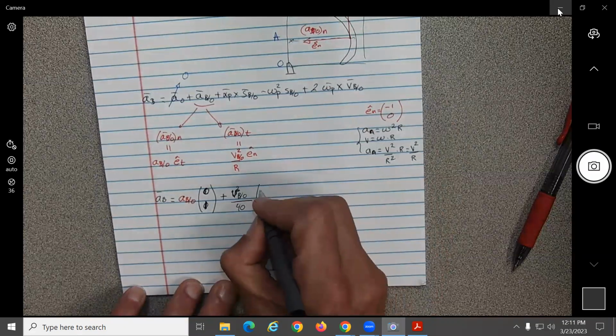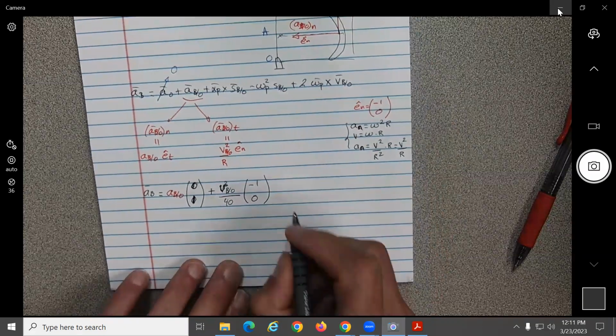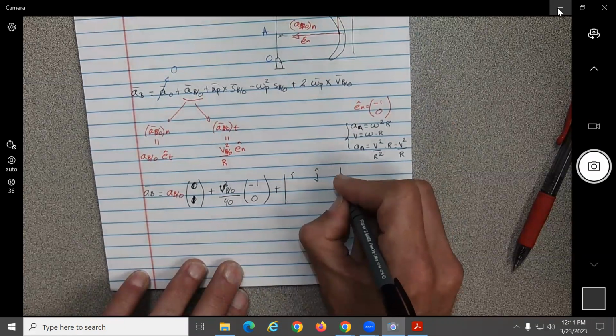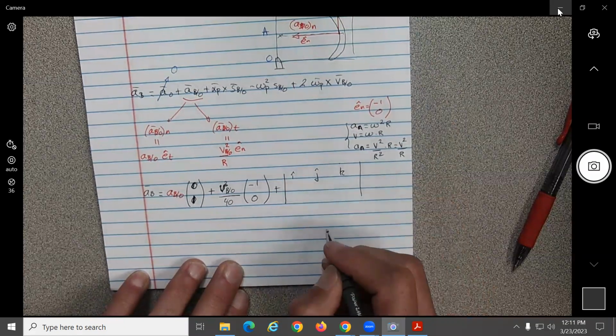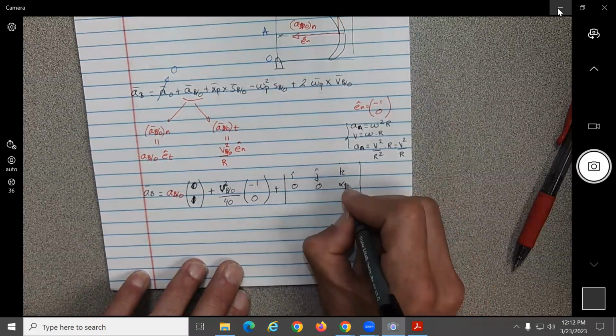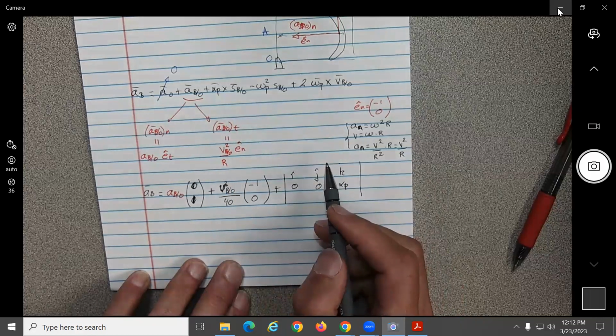And this will be equal to negative 1, 0. We know the direction. Then here you can do the I, J, K, which will be equal to 0, 0, alpha plate, that you need to find. And what is the position of B with respect to O?